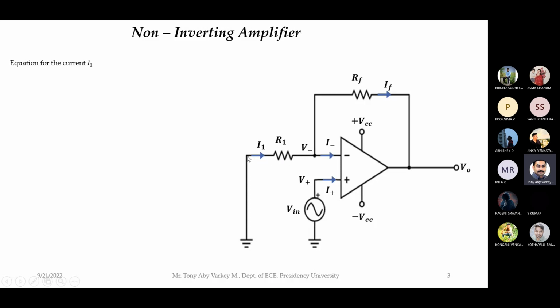What is this potential? 0. What is the right side potential? V minus. So it will be 0 minus V minus by R1. Is it clear? But what is V minus? V in. So what is I1? Minus V in by R1. Correct. Minus V in by R1. Is it clear?